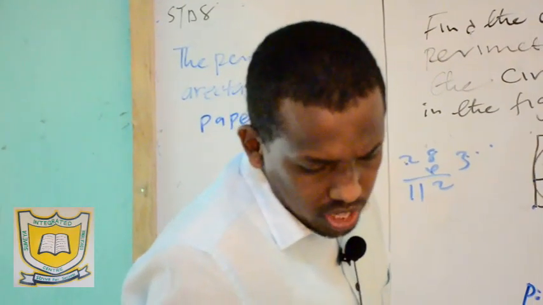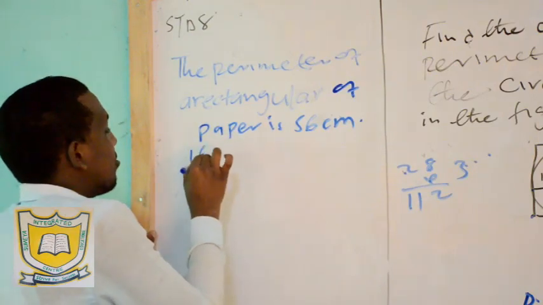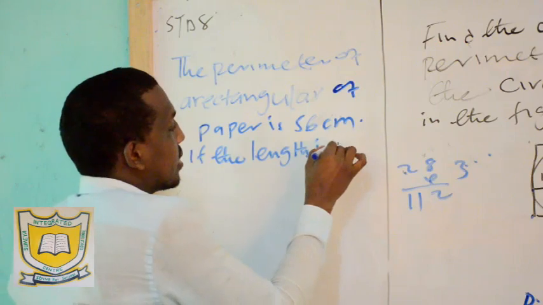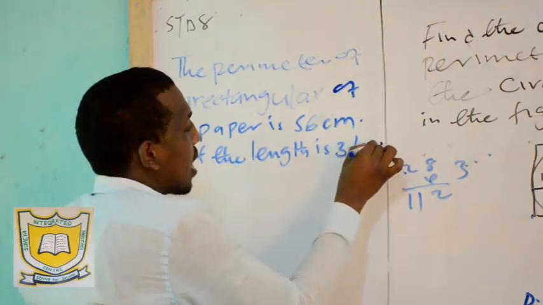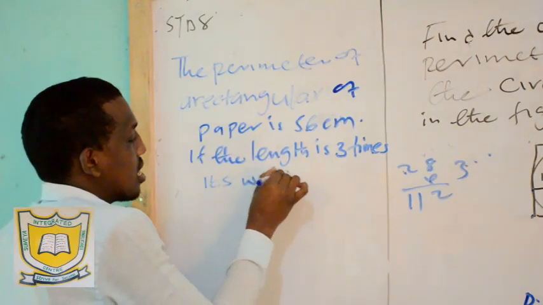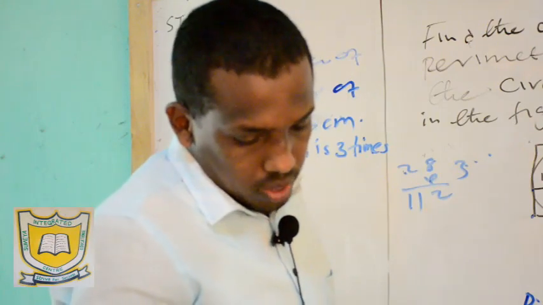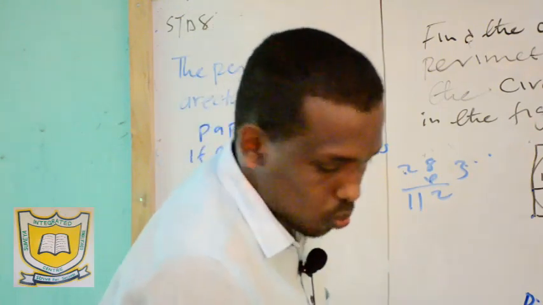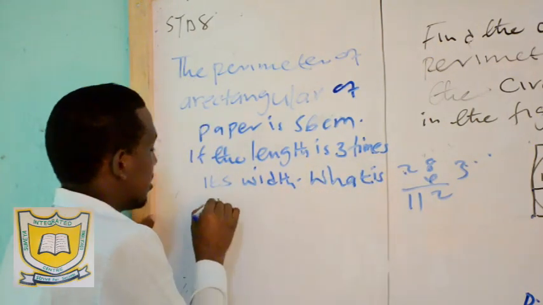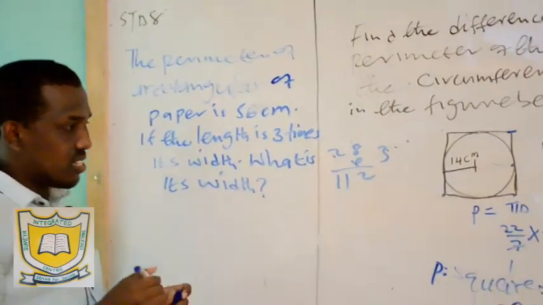Then you are told, if the length is 3 times its width, what is its width?